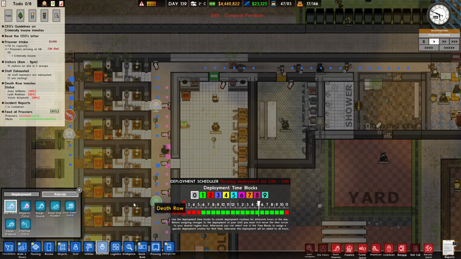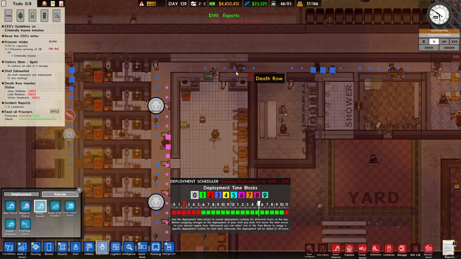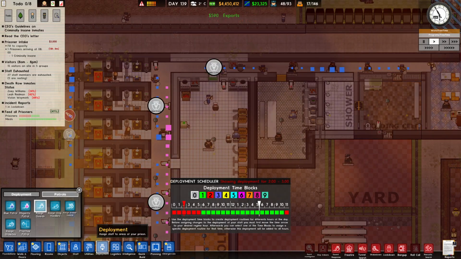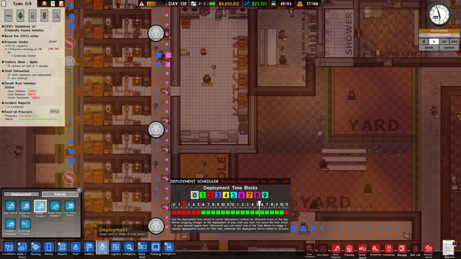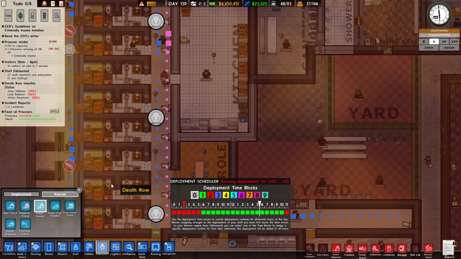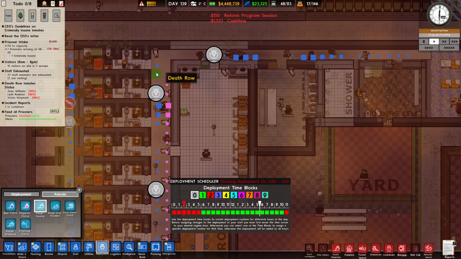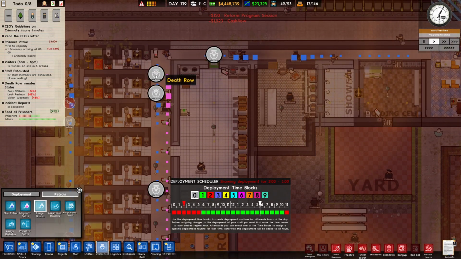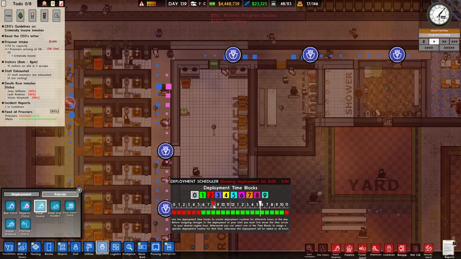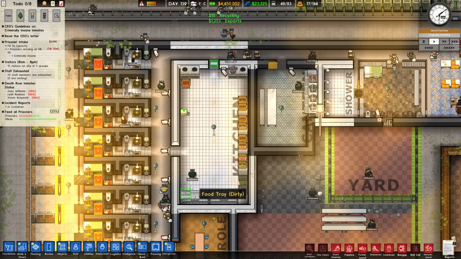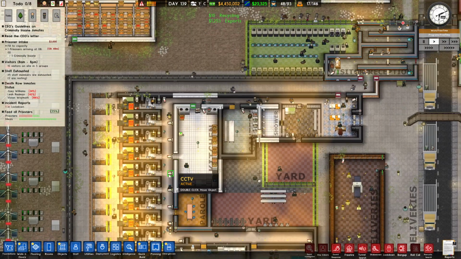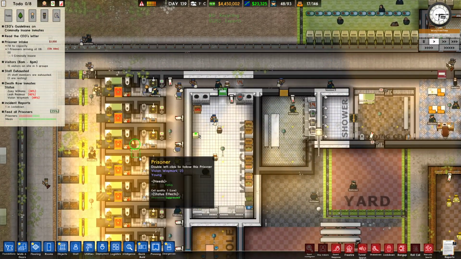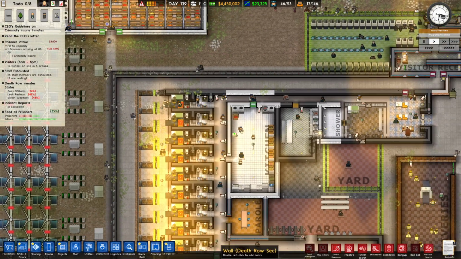I just put one guard on here at night. That should show too. Okay. That's right, I did 2 long patrols and 3 short ones, didn't I? Where's she gone now?